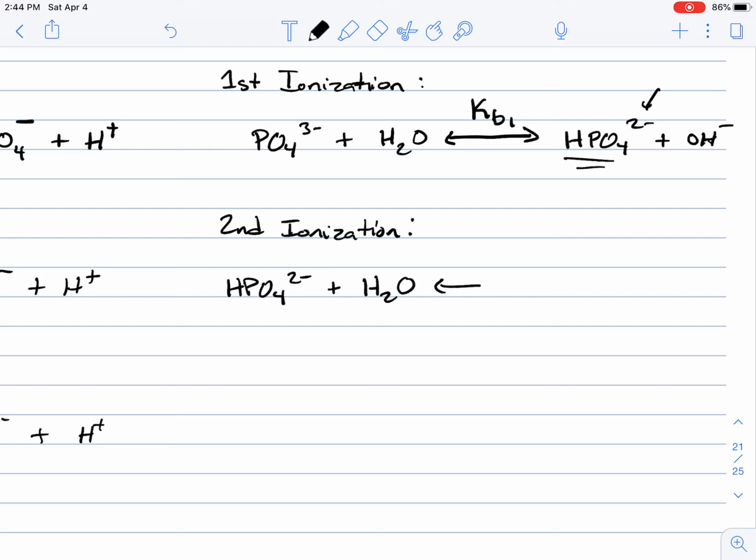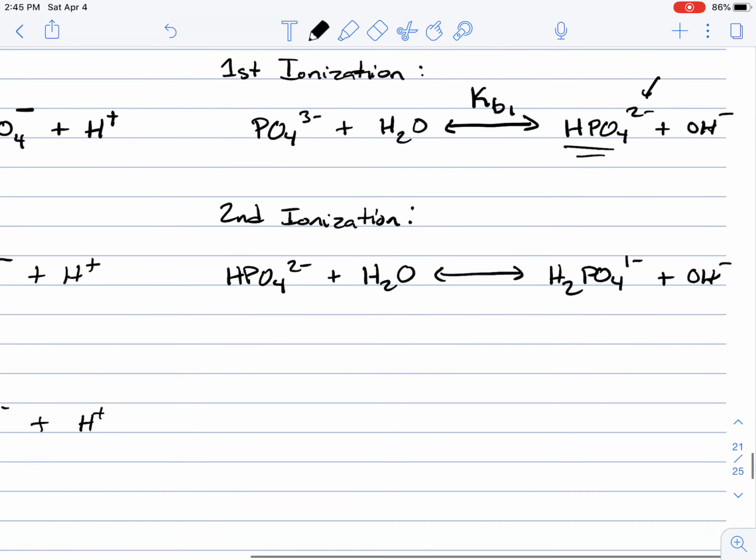And the result is going to be H2PO4 with a -1 charge, plus another hydroxide. And since this is the second ionization, we're going to say Kb2.